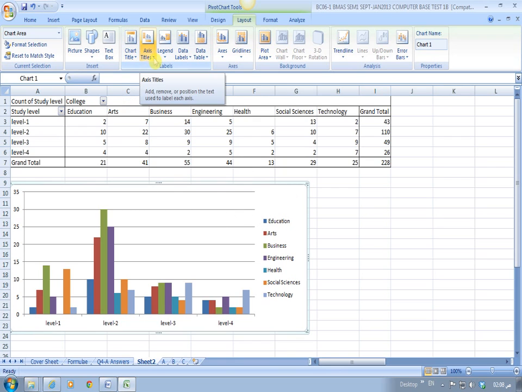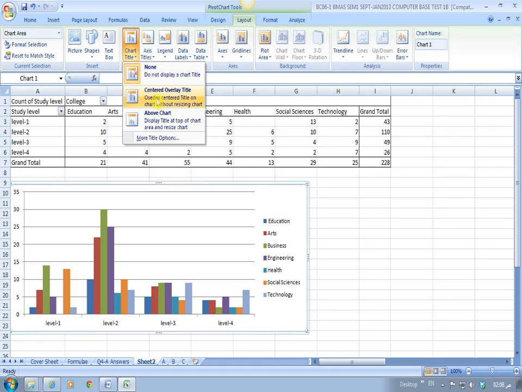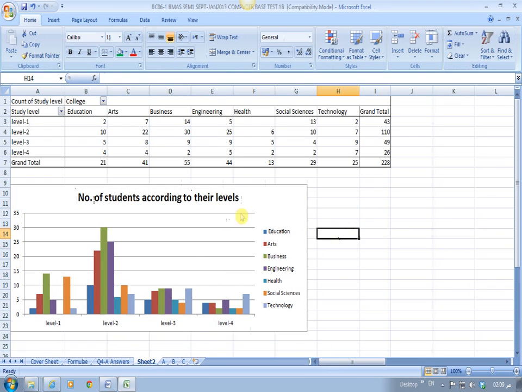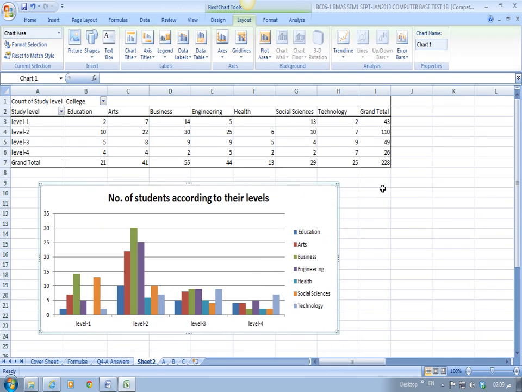So if you want to insert the title, you click here, and then you click the title of the graph, student according to their levels. Okay, and here is the graph, and now here we calculated the graph.